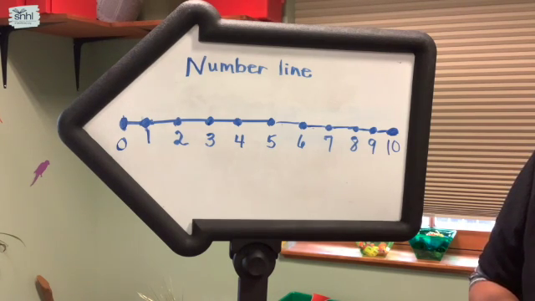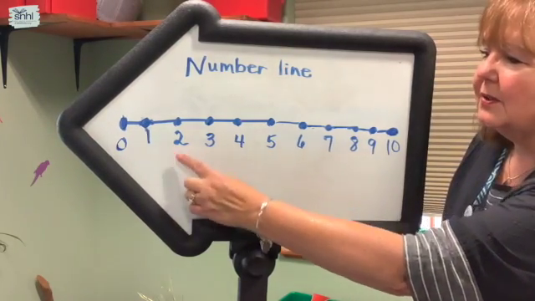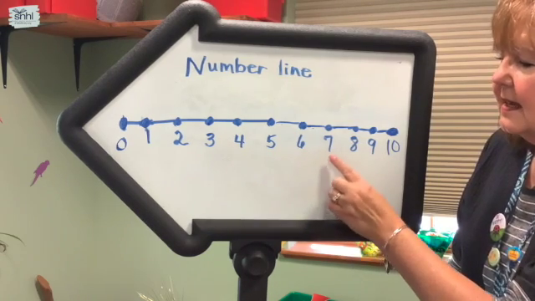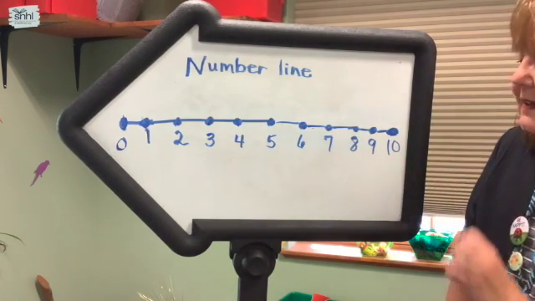Let's start at 0, and then I'll be using words like before, after, and between, and we will try to remember how the numbers are in a row. So here we go. 0, 1, 2, 3, 4, 5, 6, 7, 8, 9, 10.